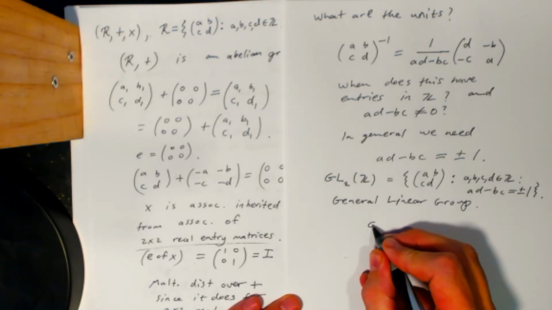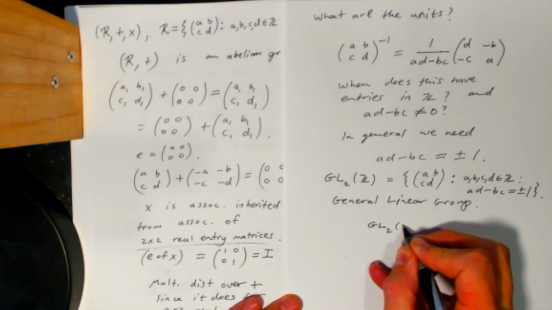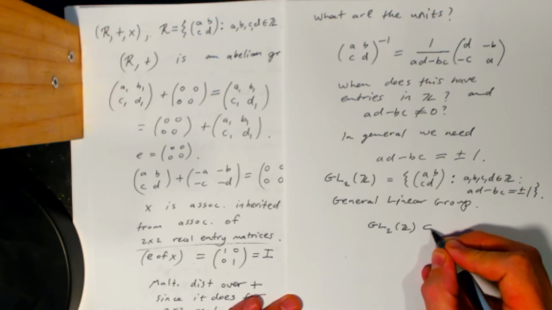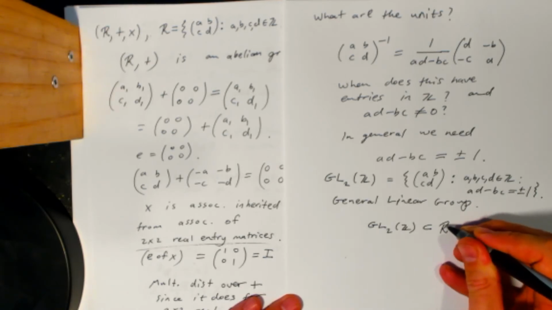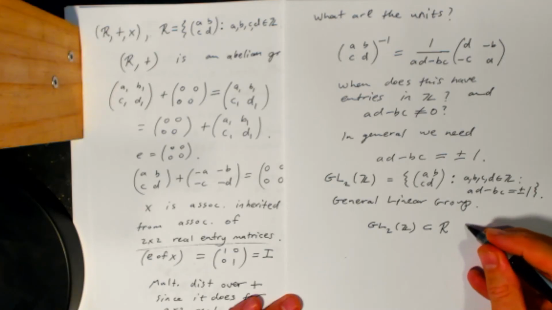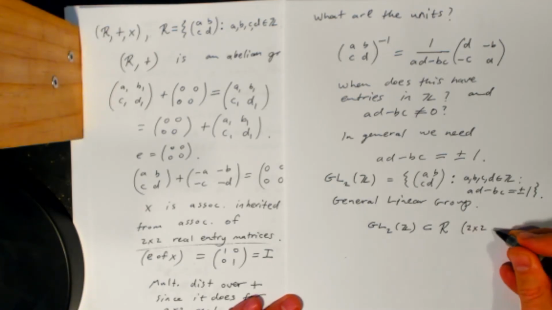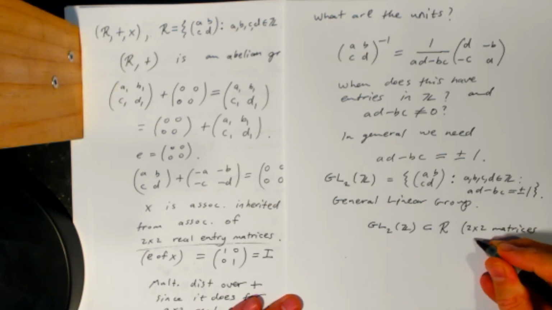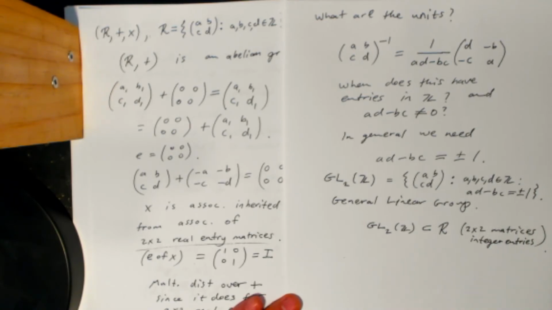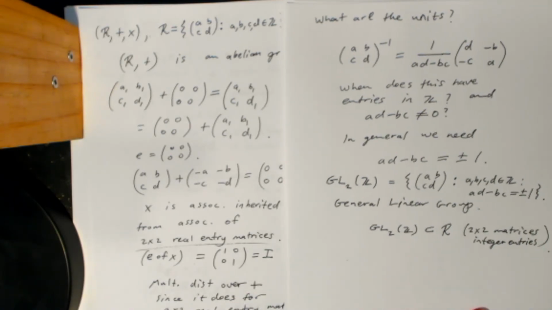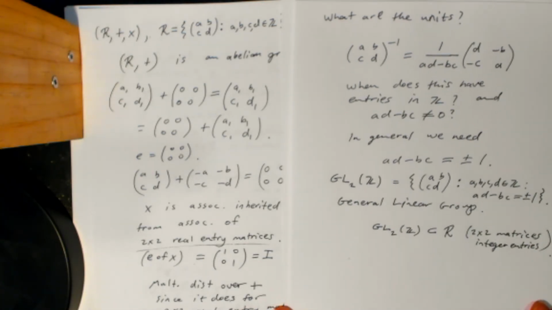Okay, so we'll just say GL2Z is a proper subset of this ring, which was 2x2 matrices with integer entries. Okay, so I think that completes our discussion of that matrix ring there.